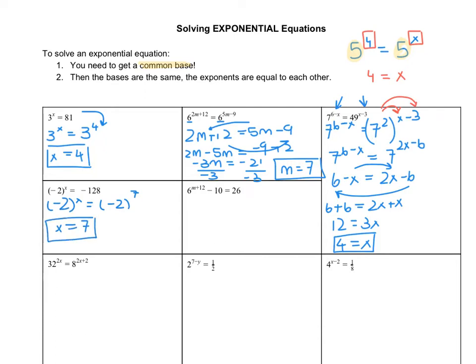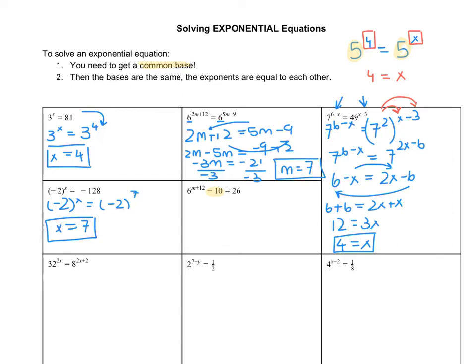And that's it. Now, if you look at the next one, you will see that there's this random constant on the left side. You cannot get a common base and set your exponents equal to each other unless you have a term equals a term, like we had in all the other examples, with nothing else on the outside being added, subtracted or multiplied.